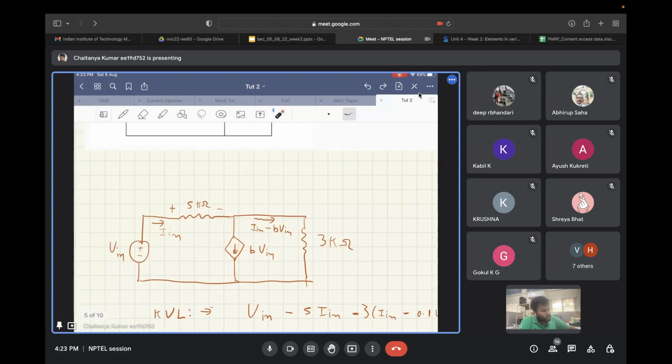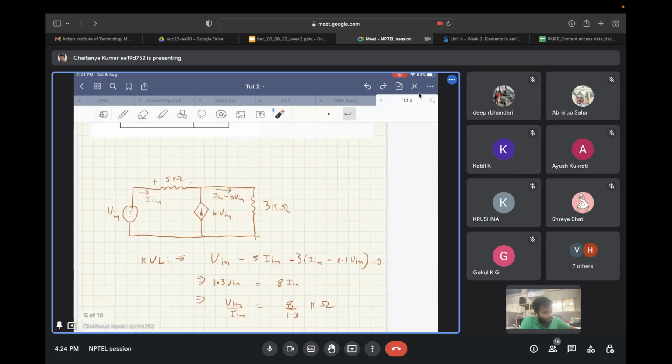Now, at this node, the current that is flowing inside this branch is B times V in, and the current that is flowing through the 5 kilo ohm resistor is I in. So by KCL, you get I in minus B V in as the current flowing in the 3 kilo ohm branch.